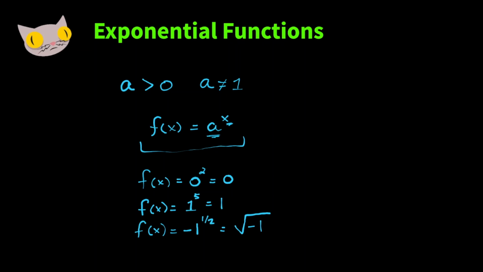So now that we've talked about some exponential function no-nos, let's look at the properties of exponential functions. If we have an exponential function in the form a to the x power times a to the y power, where x and y are both real numbers, this would simplify to a to the x plus y power. So we can just add the exponents together.